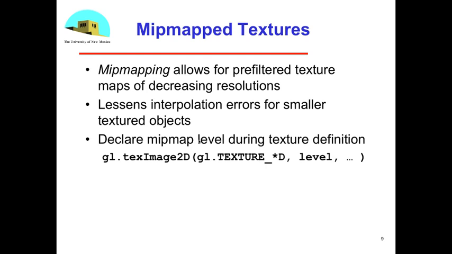So as we define the texture images, we can use the level parameter here to say which one it is, where 0 means the highest level, 1 means that you're cutting it in half. So if you had a 1024 by 1024 for level 0, level 1 will be 512 by 512 and 256 by 256. Now you have to set those things up yourself.